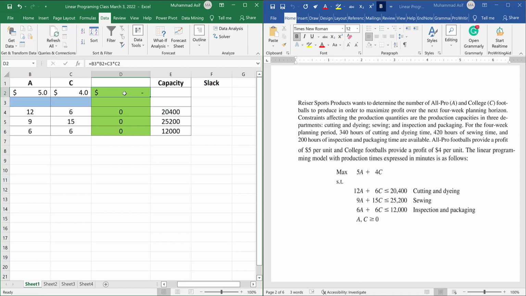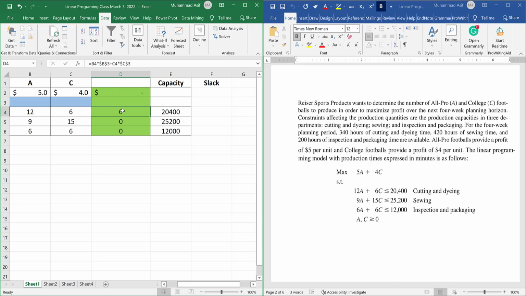The formula that we have entered over here, first of all, see that these blue cells are empty, and once we run our program, the number of A football will appear here, and the number of C footballs will appear here, and our total profit will be equal to the number of A type football multiplied by the profit from 1 unit plus the number of C type football multiplied by the profit from 1 unit, and that will be our total profit. And this is the formula.